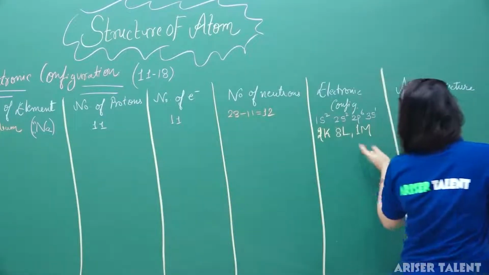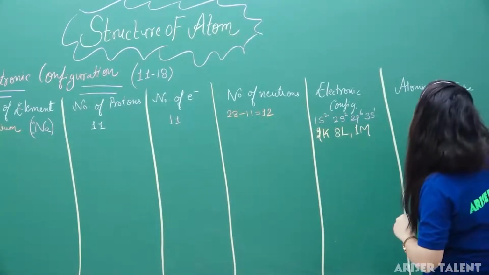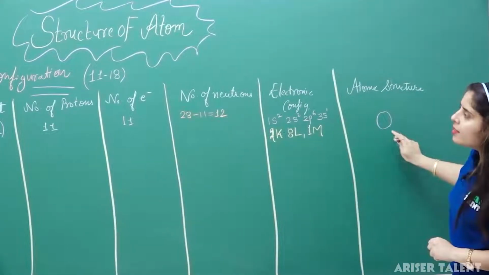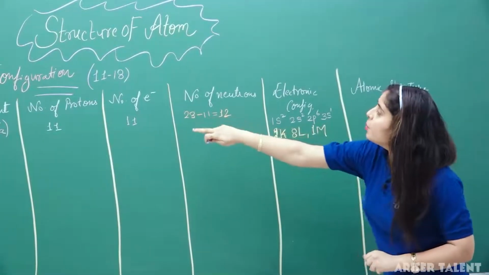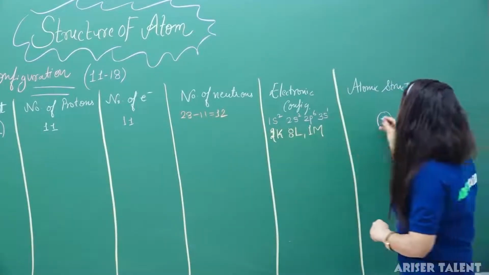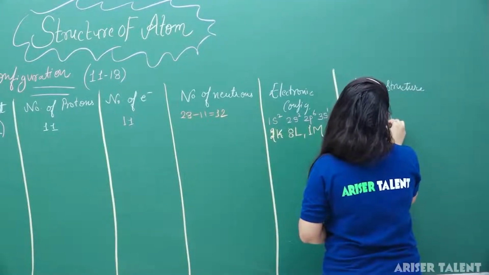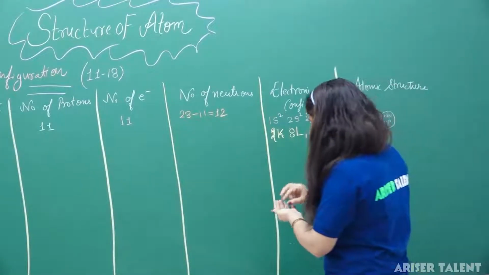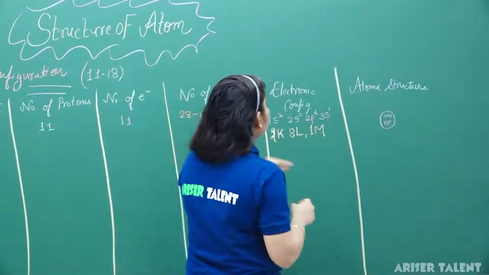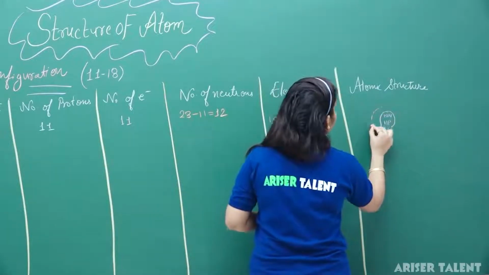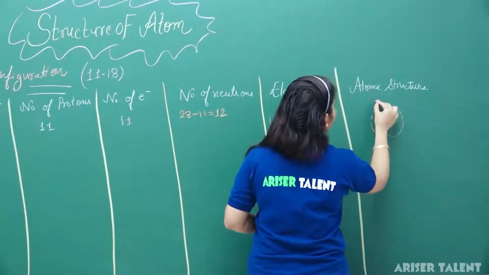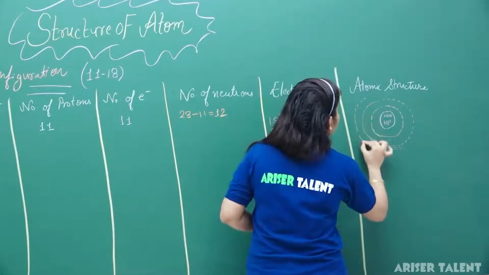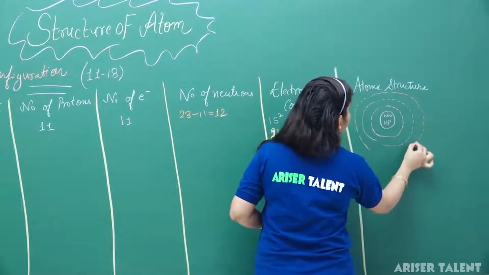Now, we will draw the atomic structure of that element. Firstly, it constitutes a nucleus. In the nucleus, we have 11 protons and 12 neutrons, so we can write 11p and 12n. Now, we will draw the atomic structure of sodium. We have the K shell, here we have the L shell, and now the M shell.